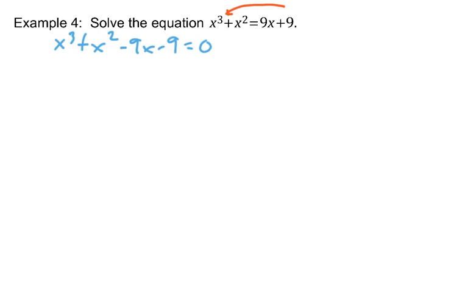So I'll have to group the first 2 terms and ask myself, what can I factor out of just that group? Notice there's a common factor of an x squared. And if you factor that out, you get x plus 1. In the second group, there is a common factor of a negative 9.